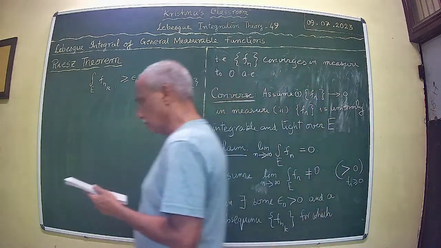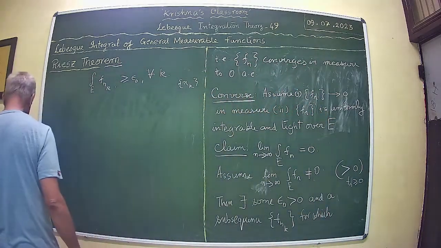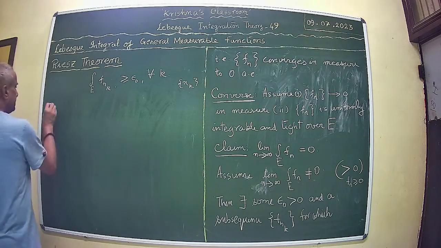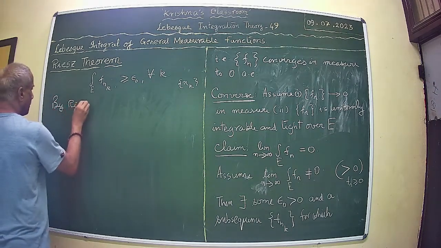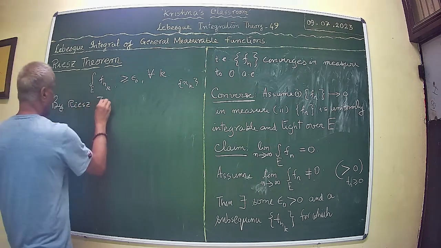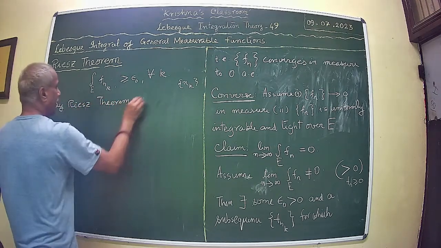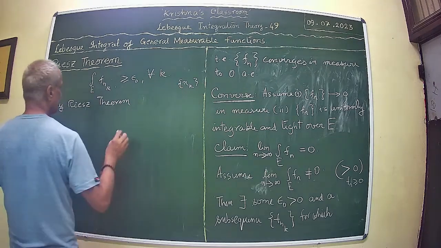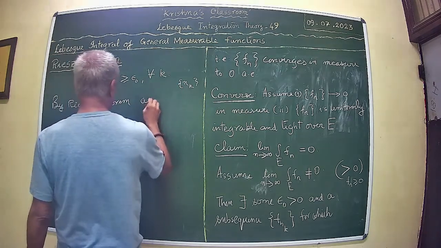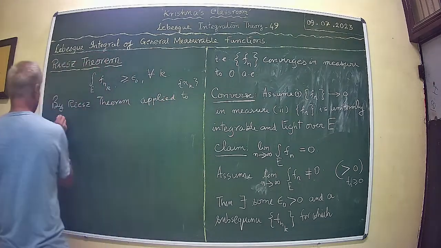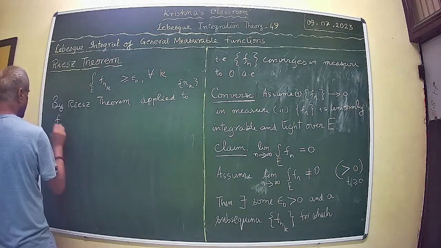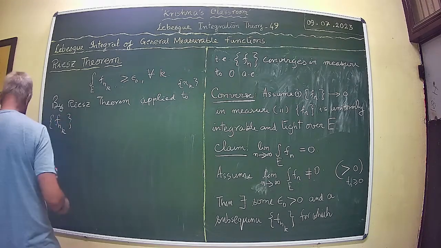Now we apply Riesz's theorem to this subsequence, that is, applied to Fnk.